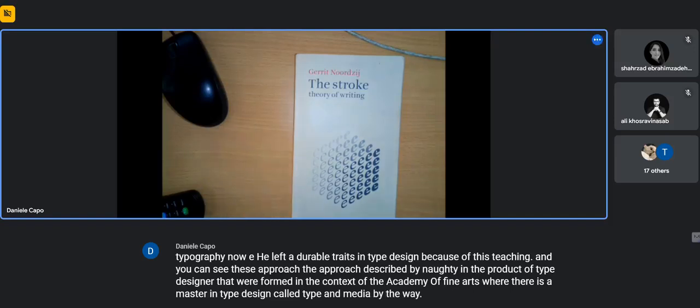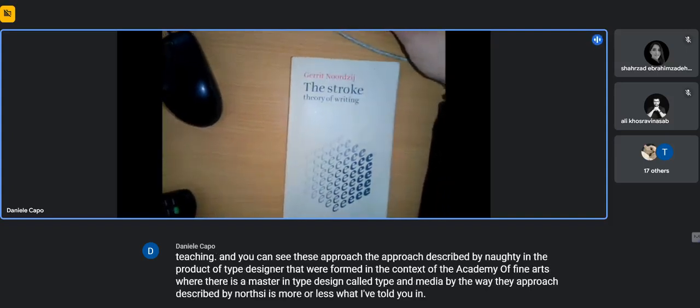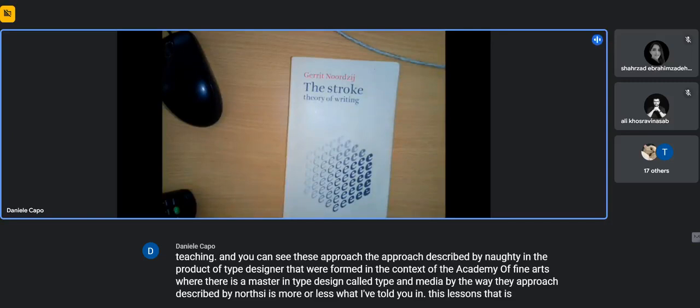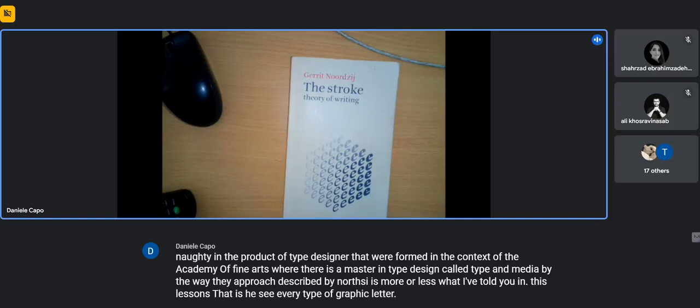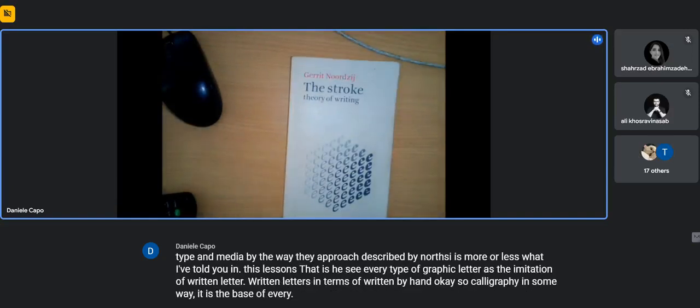By the way, the approach described by Noordzij is more or less what I've told you in these lessons. That is, he sees every typographic letter as the imitation of a written letter. Written letters in terms of written by hand. So calligraphy, in some way, is the base of every typographic shape.